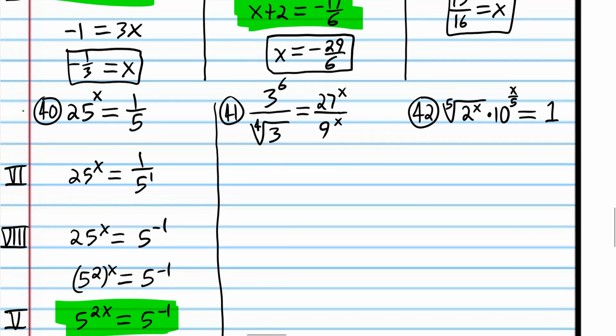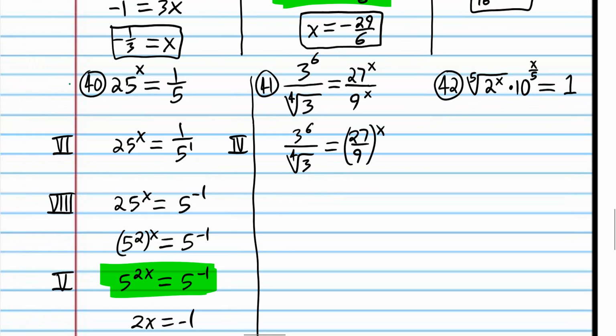I'm going to use rule number 4. That gives us 27 over 9, all raised to the x power. Then I'm going to simplify this part, so that becomes 3.